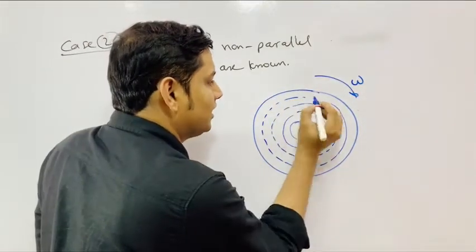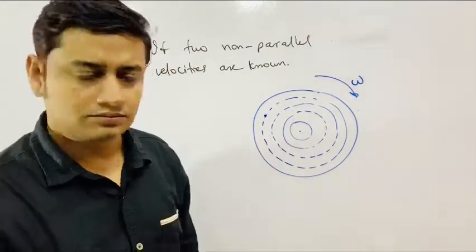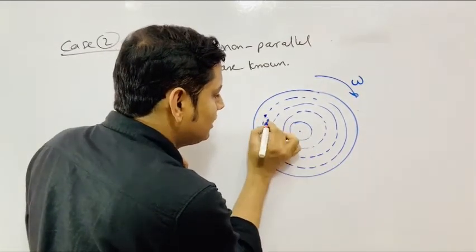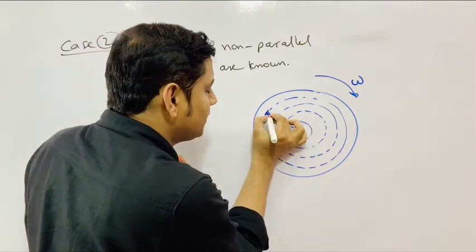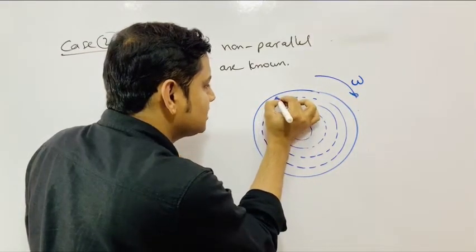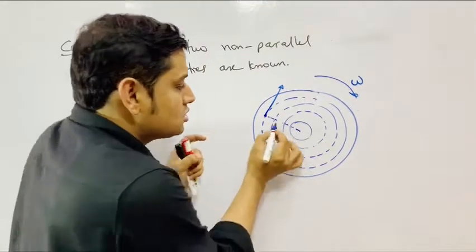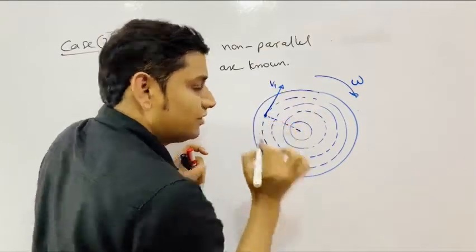I take one point here, and I take another point. So what is the velocity at this point? Would the velocity at this point be tangential like this? Yes, because this is rotational motion. So from this point, this is tangential like this, V1 vector.